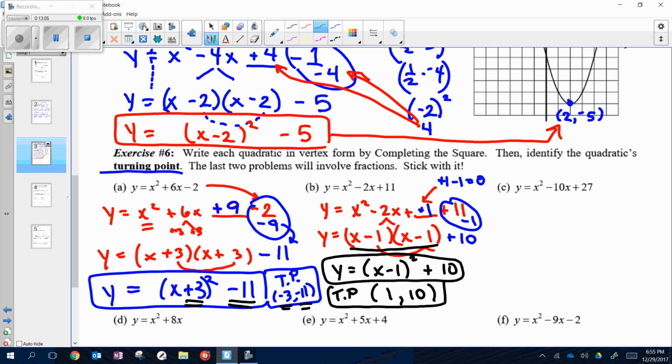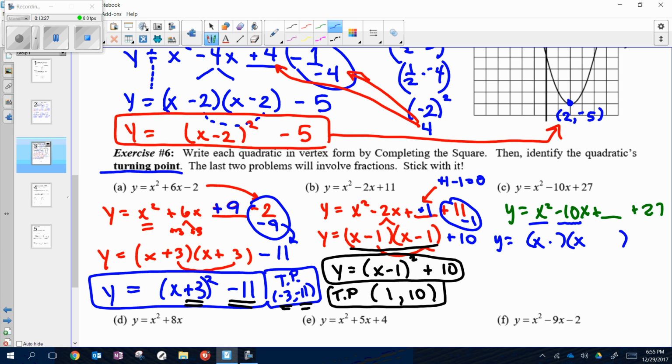All right, let's do another one. You got y equals x squared minus 10x plus the blank when I move the 27 over. So we got to fill that blank. I start writing parentheses to get my factors, and I know I got x times x to make my x squared. This is going to be split in half.